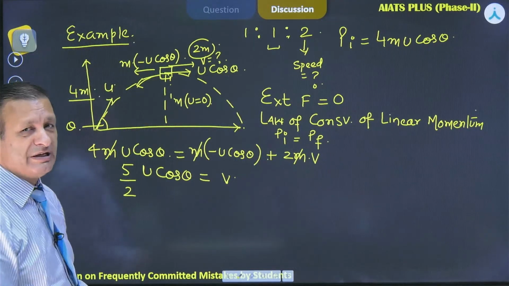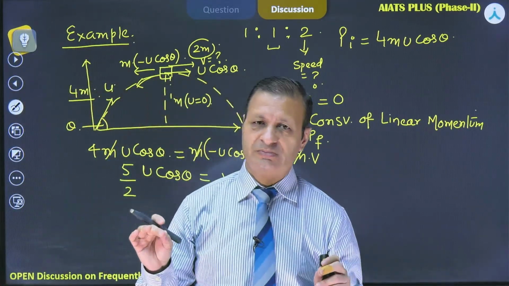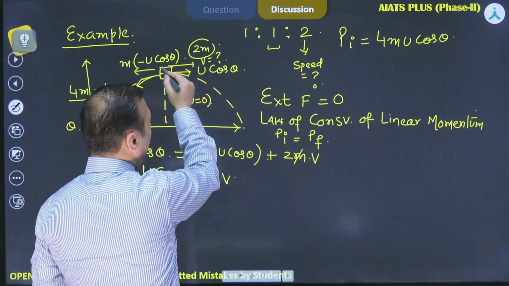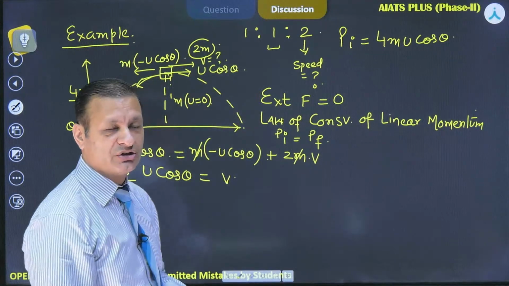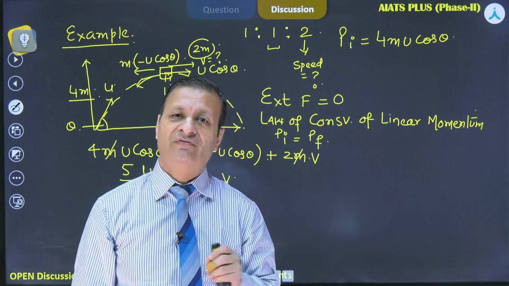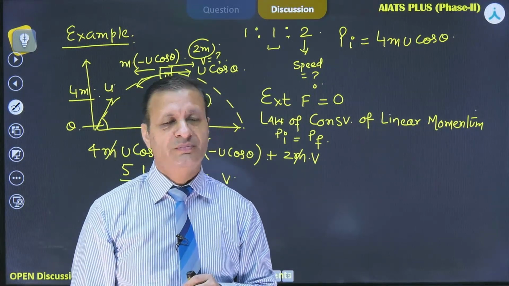So we got the speed with which the third piece, the heaviest piece 2m, will continue to move along this direction only. Why? Because you have to maintain the law of conservation of momentum.